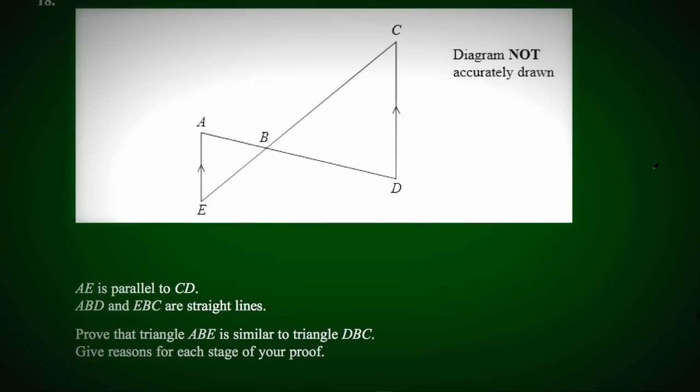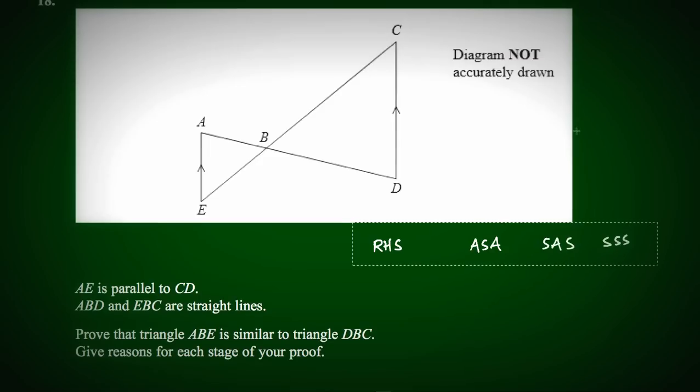So in this, we're going to need to show that either angle, side, angle are the same, or side, angle, side, or side, side, side, or that it's a right-angled triangle where we know the hypotenuse and a side. I take that back, that would all be for congruence.